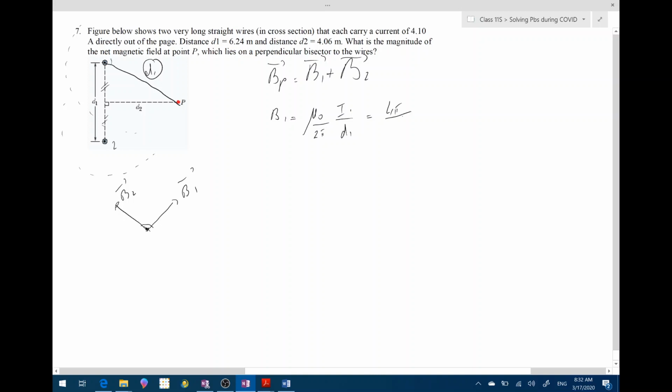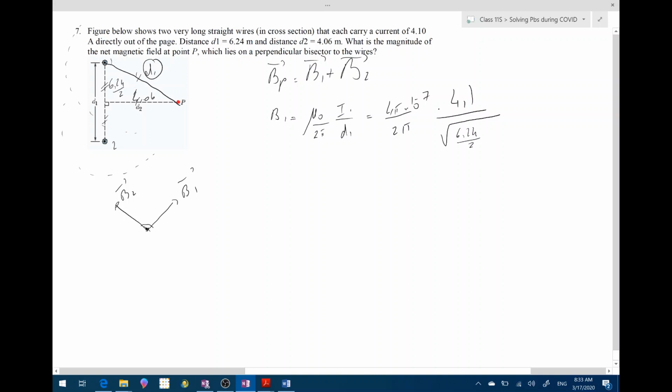mu0 is 4 pi times 10 to the minus 7 over 2 pi. I1, they've said they carry a current of 4 ampere over D1. D1 is the square root, if you follow Pythagoras, of 6.24 over 2, and 4.06, okay, so that would be 6.24 over 2.